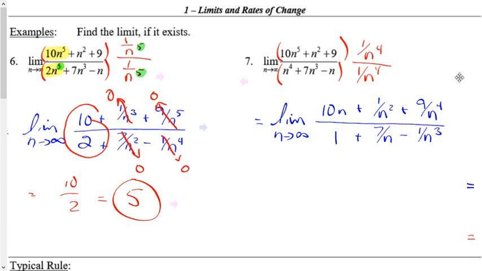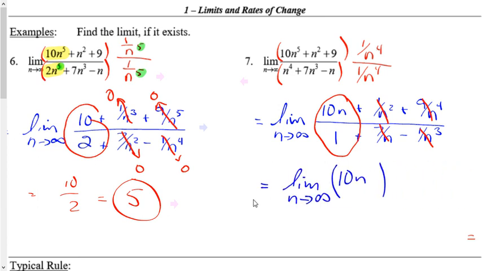So while each of these terms goes to 0, I'm looking at the limit as n approaches infinity of 10n. Well, n is approaching positive infinity, so 10 times a positive will give me a positive, which means my limit is approaching infinity. It doesn't exist, but I know which infinity it's approaching.